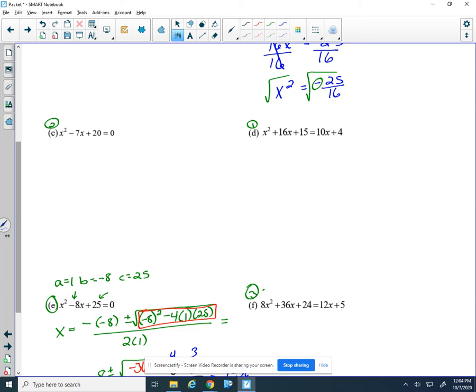So I'm going to go through now. Hopefully you've done them yourselves. First off, we get it in that standard form, and now we're going to start to plug the numbers into the quadratic formula.